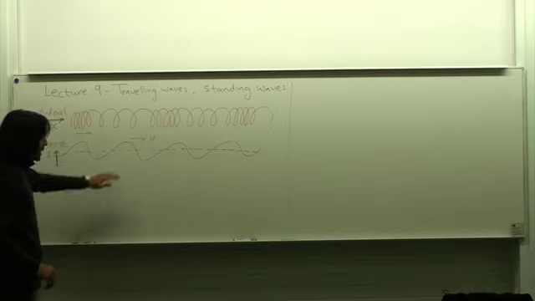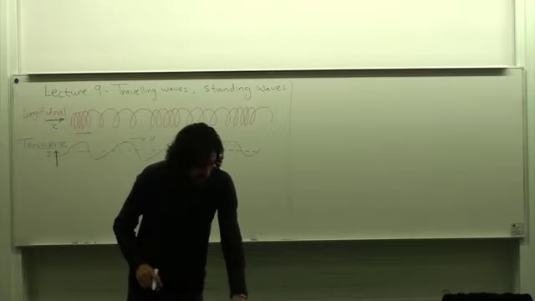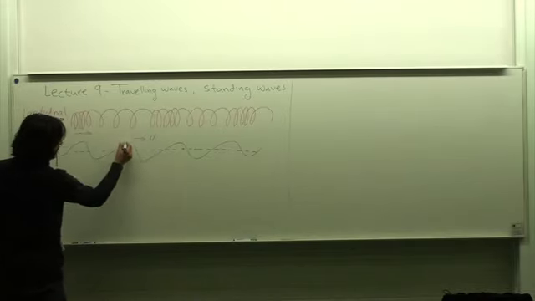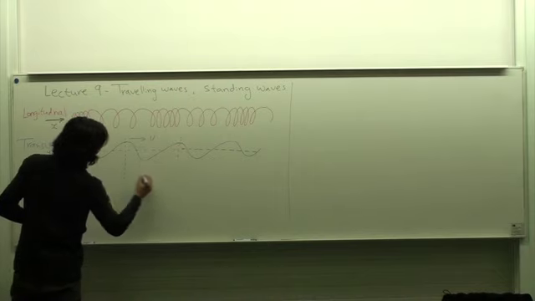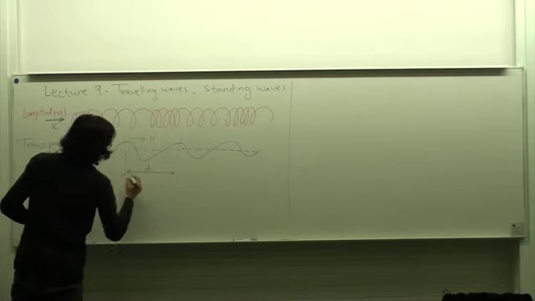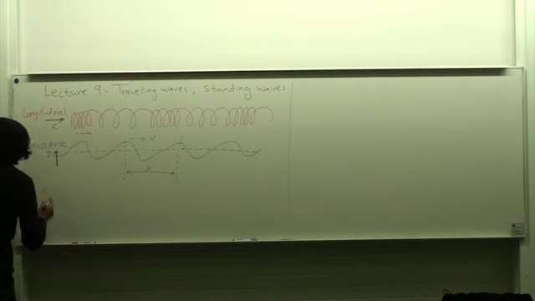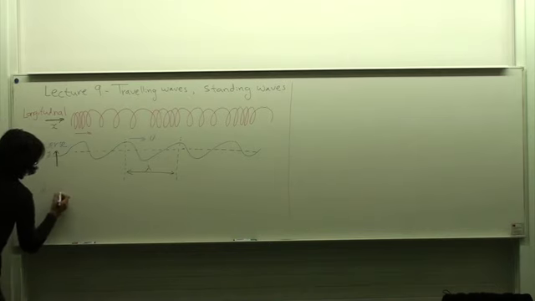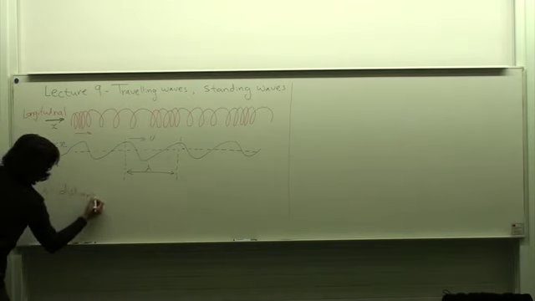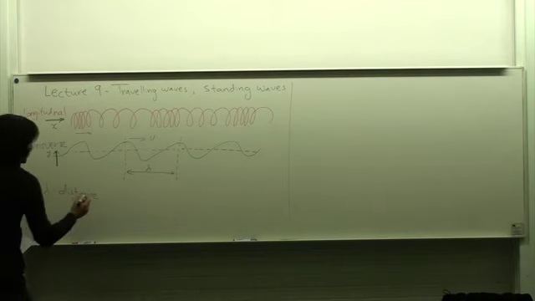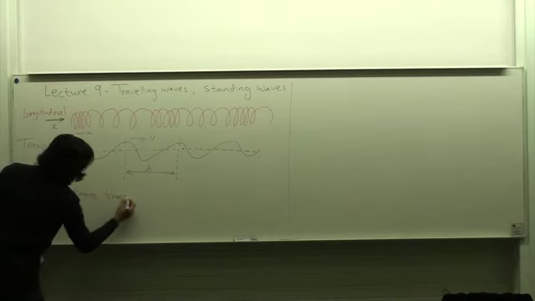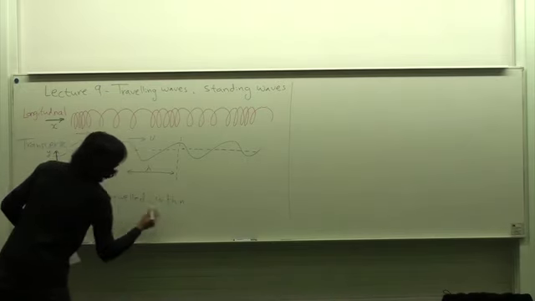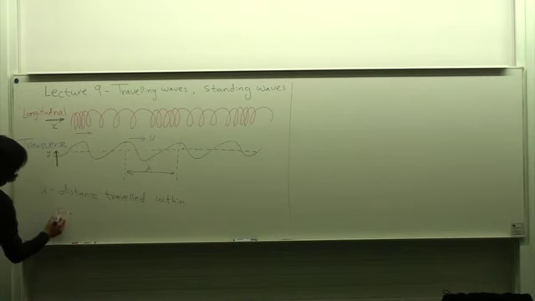We're going to start with a string. So you have a string here. Let's make some definitions. We have a wavelength of a string, lambda. Lambda would be the distance traveled within one oscillation time.